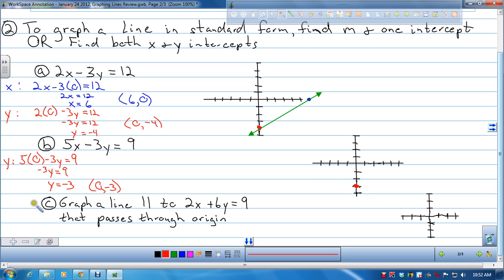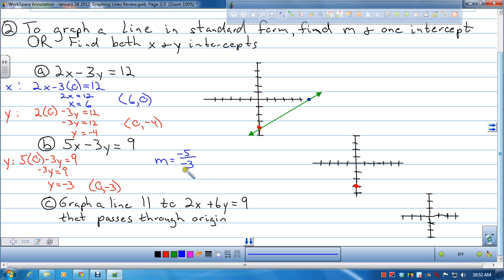Now this other one's not divisible, so I would get a fraction for my x-intercept, which means you could do that, but what I'd rather do is just figure out the slope. And hopefully you will start to remember that the slope in standard form is simply going to be the opposite of my a value over my b value, which is negative 3.